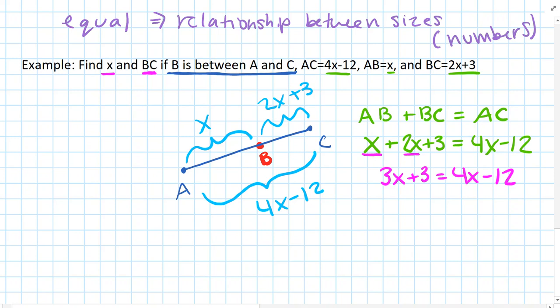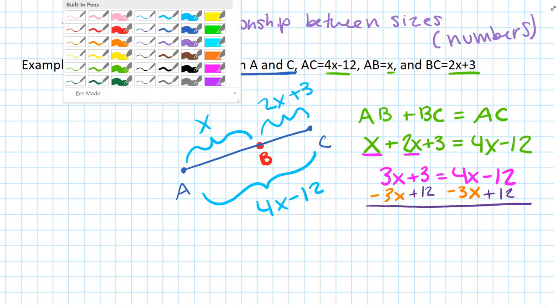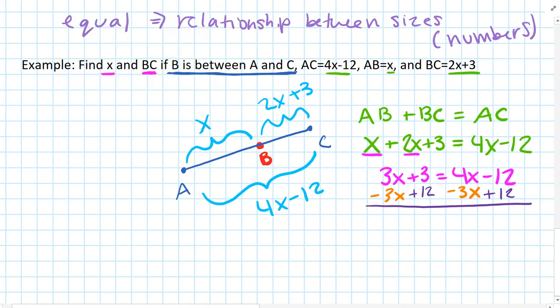And then I'm going to move my variables to one side by subtracting 3x. And then I'm going to move my constants to the other side by adding 12. So these cancel and these cancel, and I get 15 is equal to x.